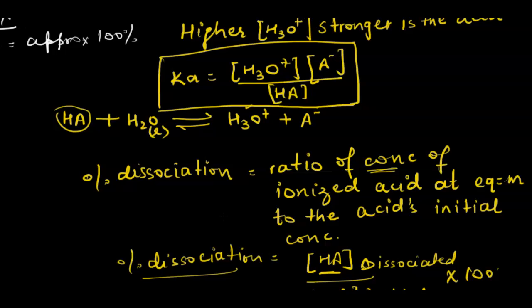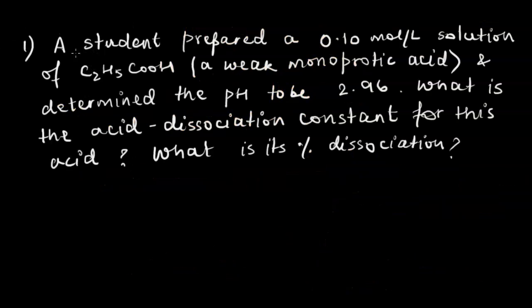Let's understand this from an example. We're given a question where a student prepared a 0.10 moles per liter solution of C2H5COOH, that's propanoic acid. It is a weak monoprotic acid, and determined the pH to be 2.96.